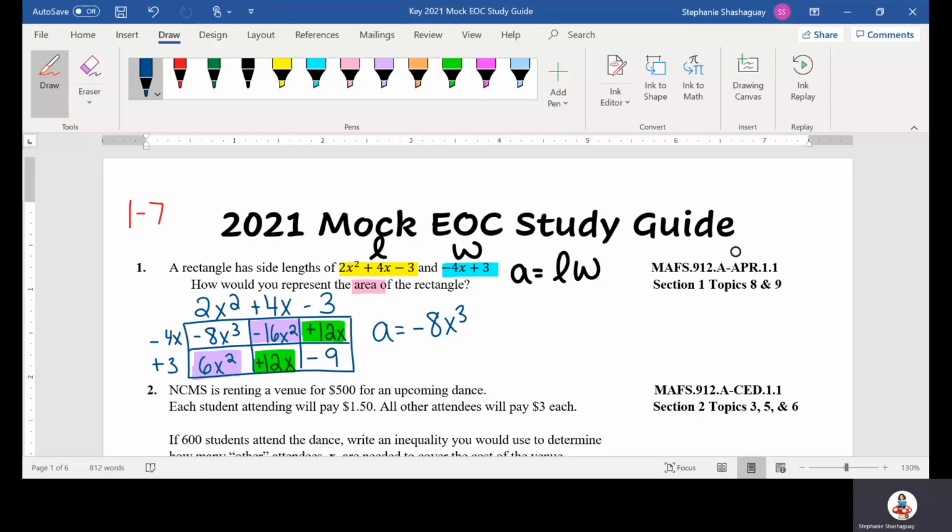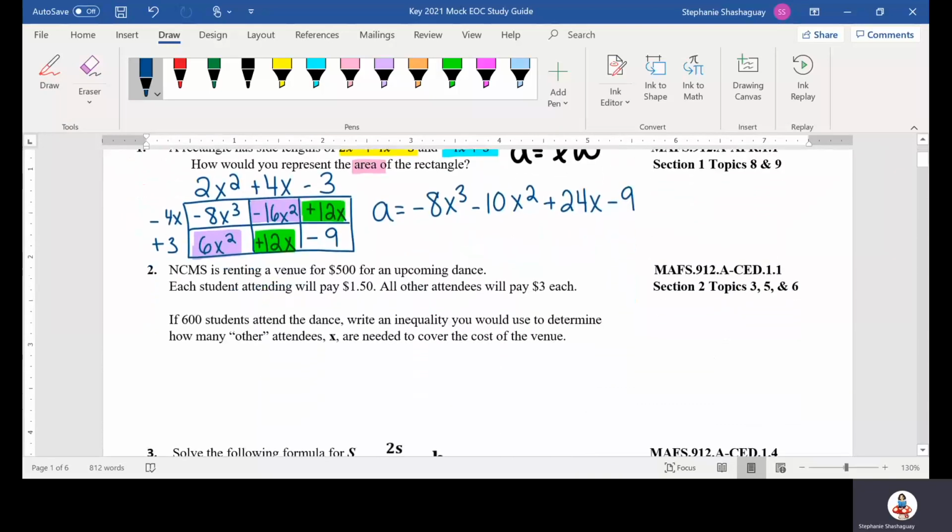I'm going to combine my positive 6x squared and my negative 16x squared to get a negative 10x squared. I'm going to add the 12x plus the 12x, so I'll have a positive 24x, and then finally a negative 9. So that is the answer to number 1.